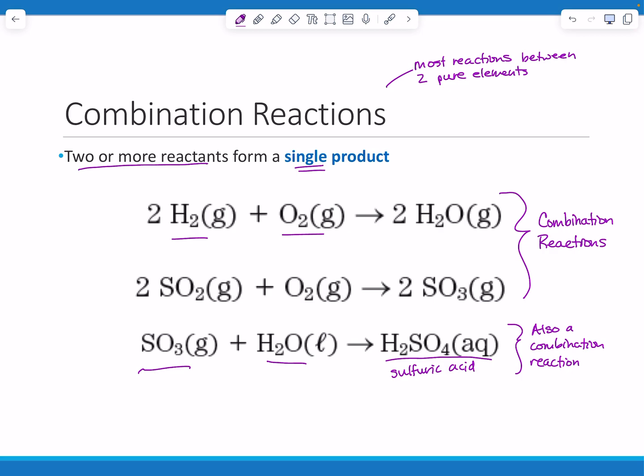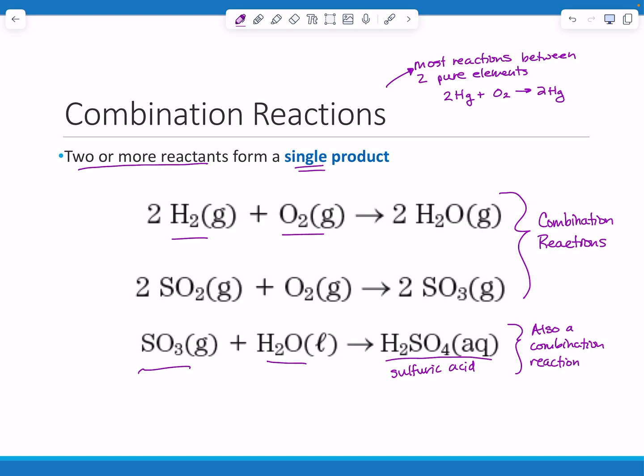Another example of this would be a reaction between mercury and oxygen, and we can make that compound up there. So that's feature number one: typically, when you have two pure elements, you're going to have a combination reaction.